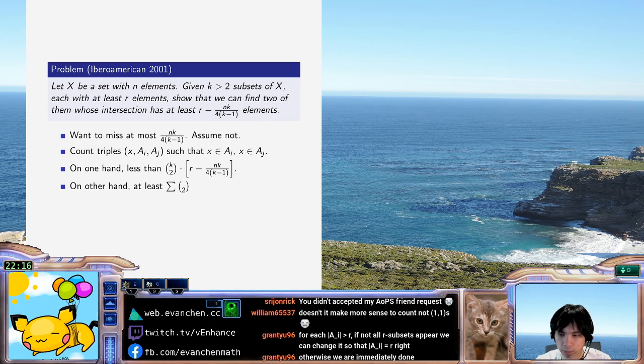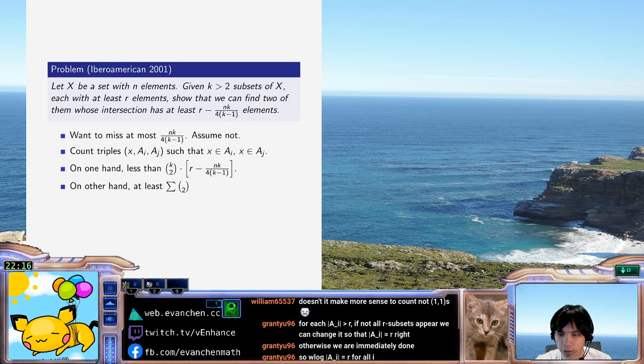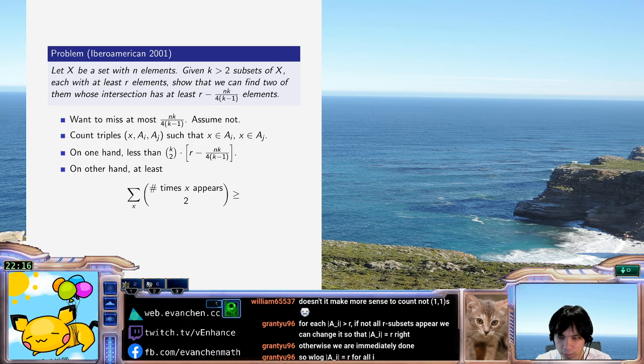The number of times x appears, summed across the x. By Jensen, the total number of appearances is r times n, and you're dividing over k.